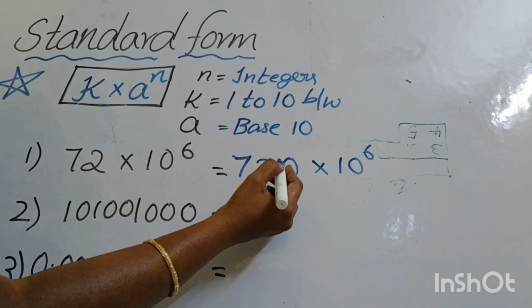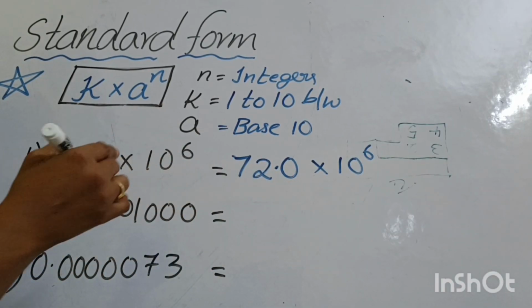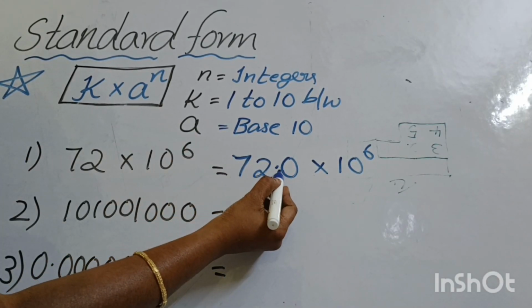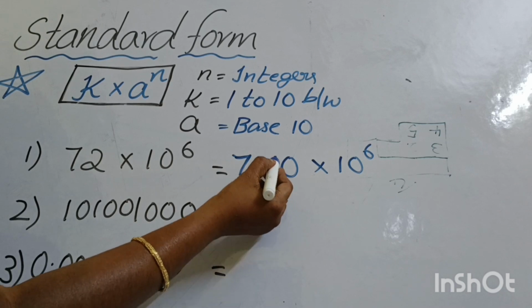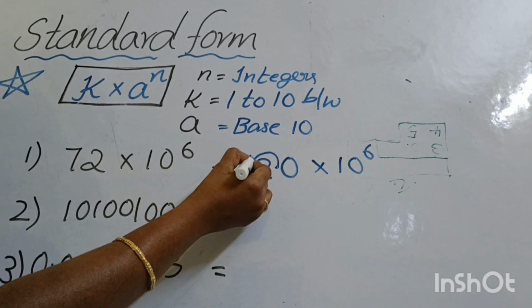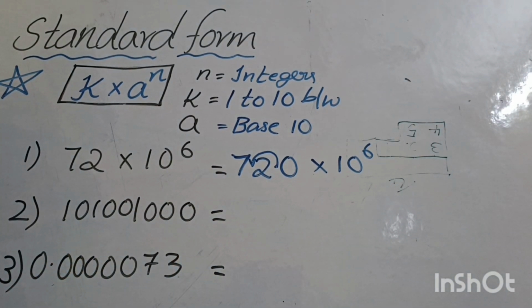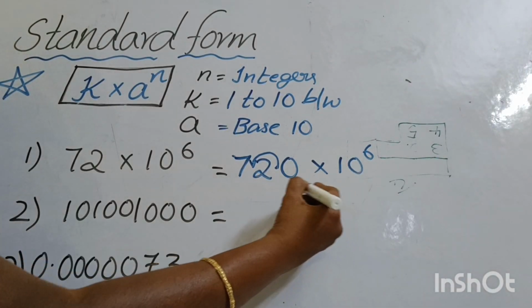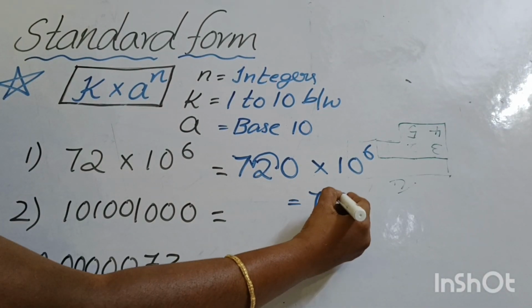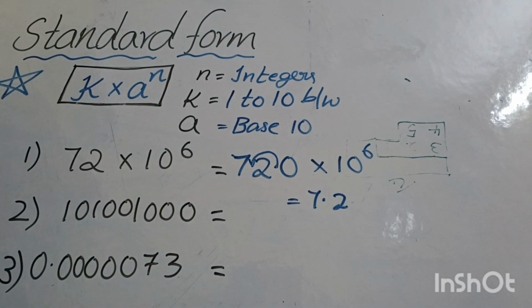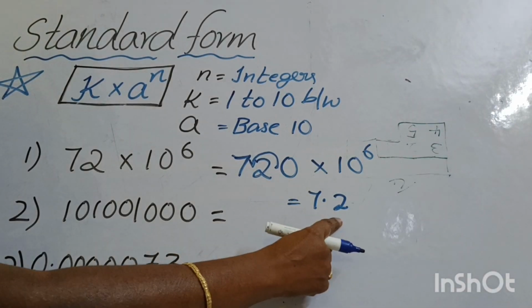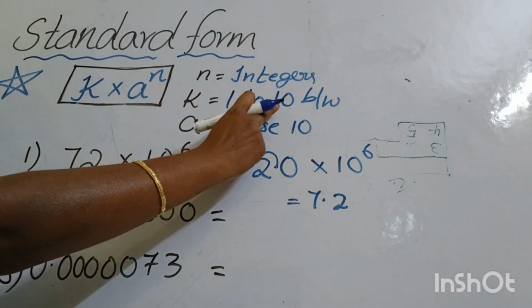Now we have to move the decimal to make it standard form. Now where do I have to move this decimal point? From here to here. Then it will turn into 7.2, right? 7.2 is less than 10 only.